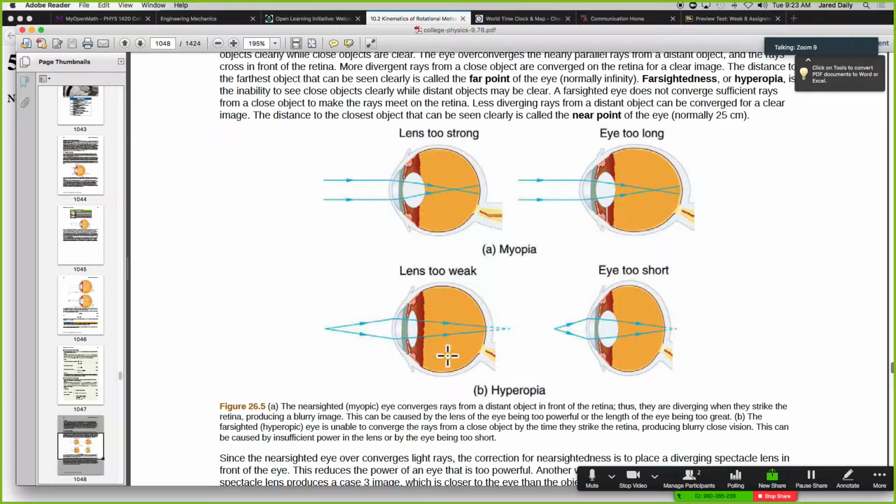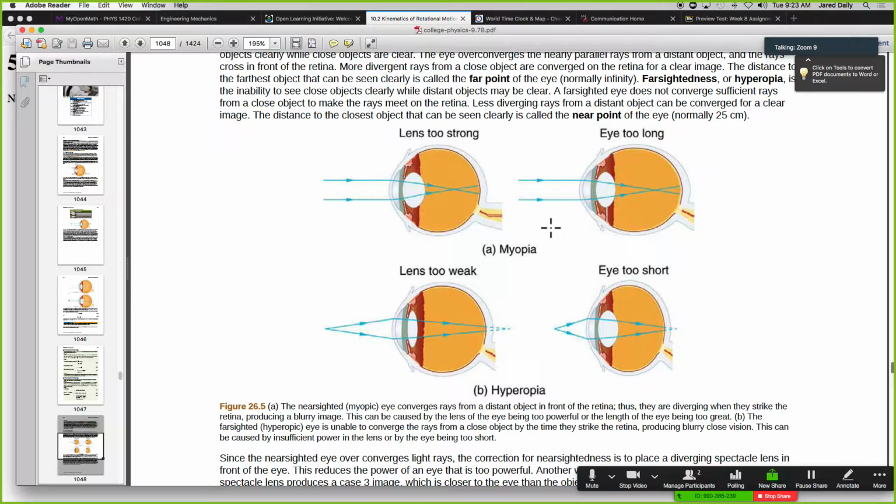And this is called hyperopia. So this is what we call nearsightedness, myopia: people who can see things within a meter distance-ish. And then there's hyperopia, and those people can accommodate for things that are very far away, but they can't do so well for things that are close. It's too much change for their eye to handle.